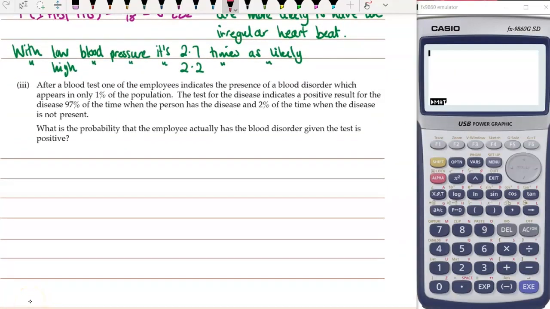For part 3, we're looking at the idea of false positives and false negatives on test results. So we'll set this up as they have the disorder and don't have the disorder.